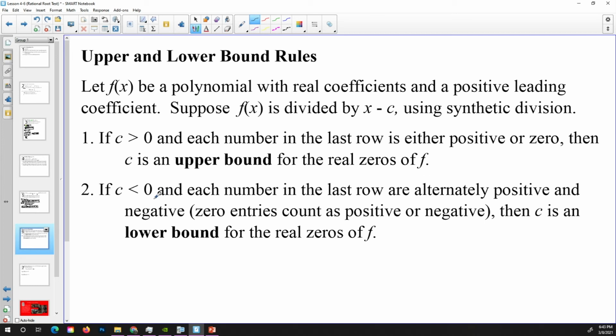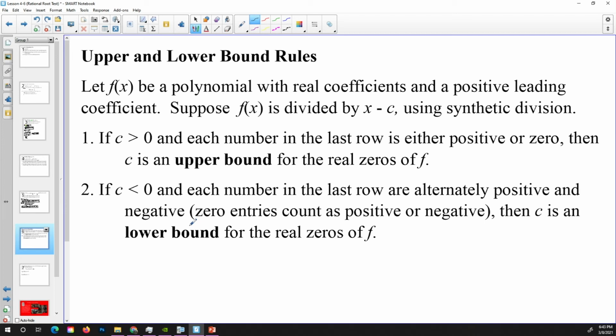And then if you go and you do your synthetic division, each number in the last row is alternatively positive and negative. So if the signs switch from positive to negative, then C is a lower bound and you don't try anything lower than that because there are no zeros beneath that.